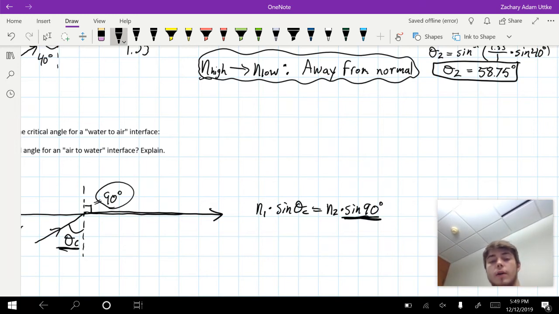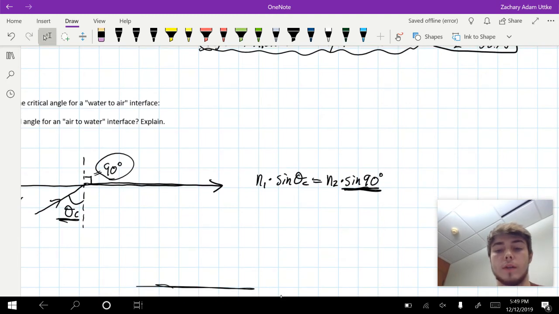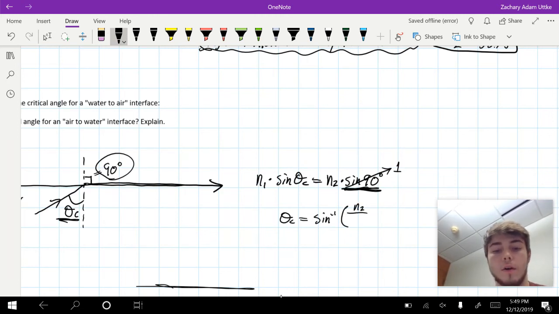Whenever you're finding a critical angle, that theta 2 will always be 90 degrees, because that's what the critical angle actually means. So in that case, the value for sine of 90 is just 1. Okay? So let's rearrange this to find theta c. So the critical angle equals sine inverse of n2 over n1.